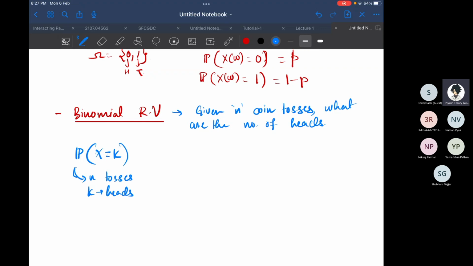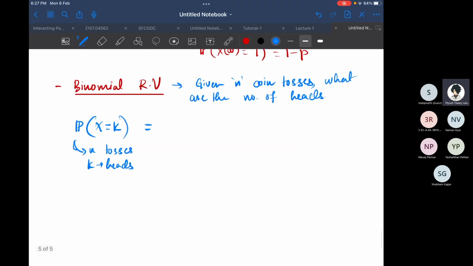That is what this is asking. If you know some combinatorics, there are n coin tosses, I need to choose k of them, and to these k of them I want to assign heads, right?